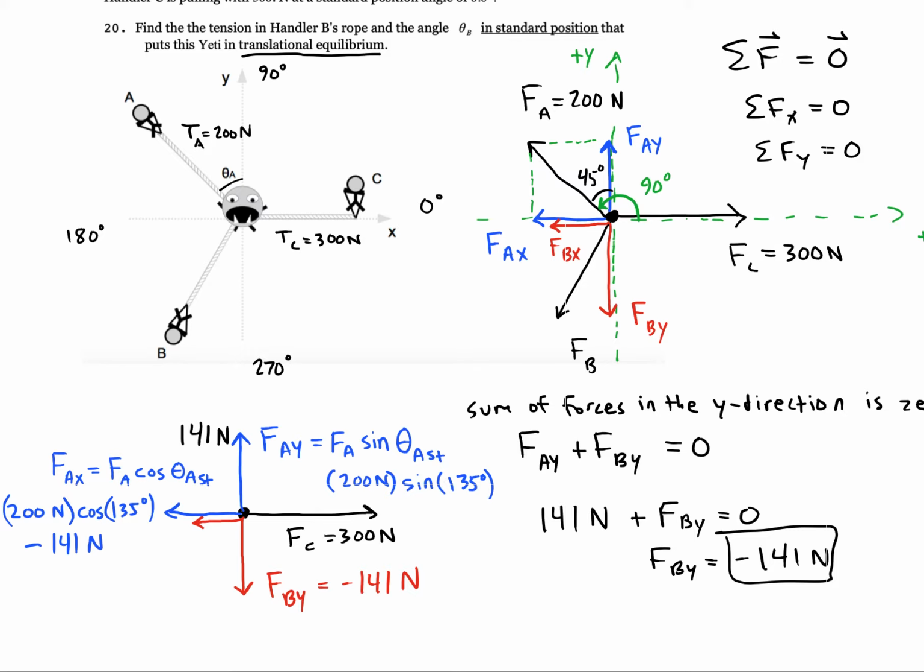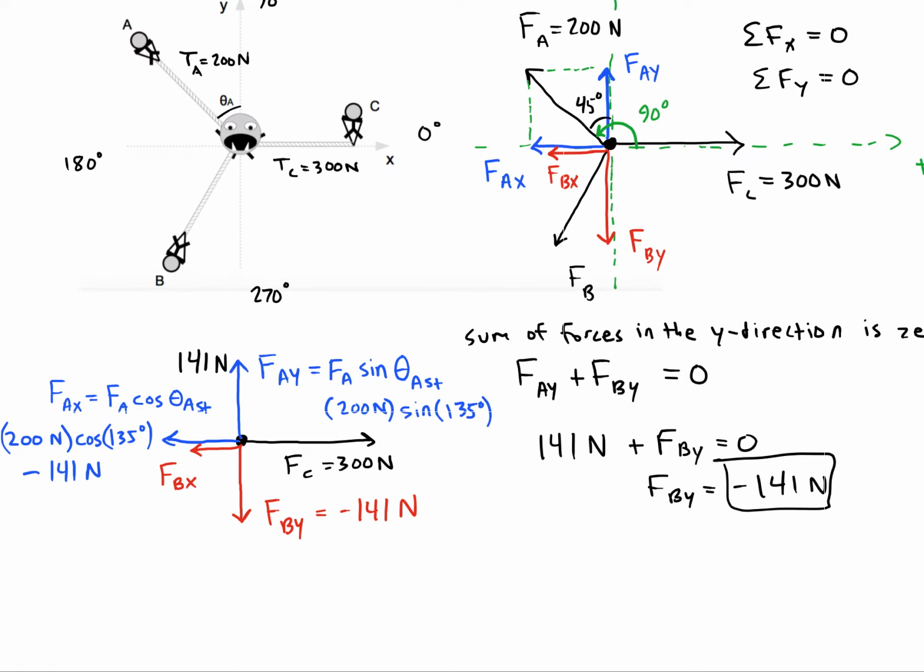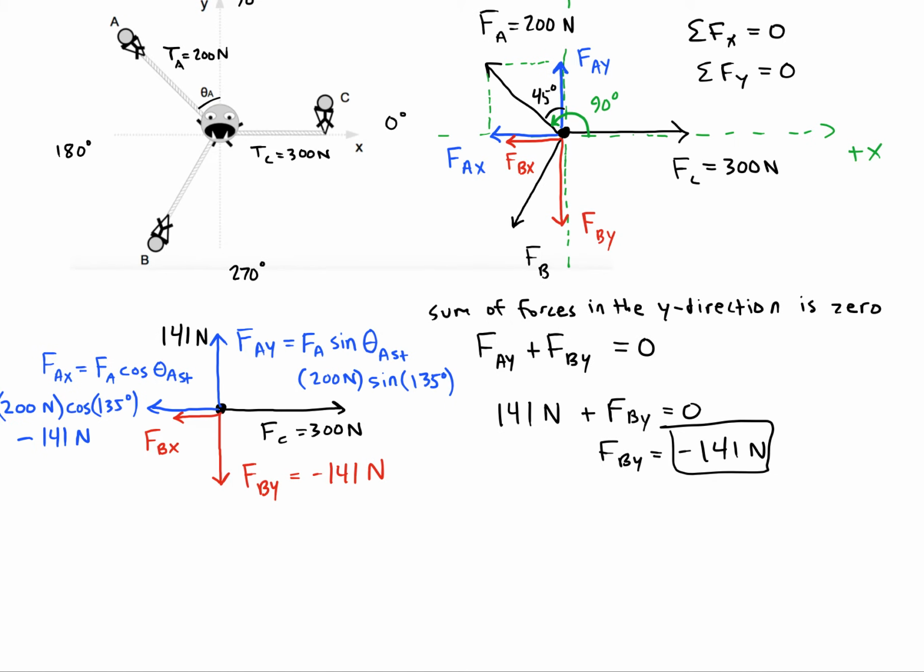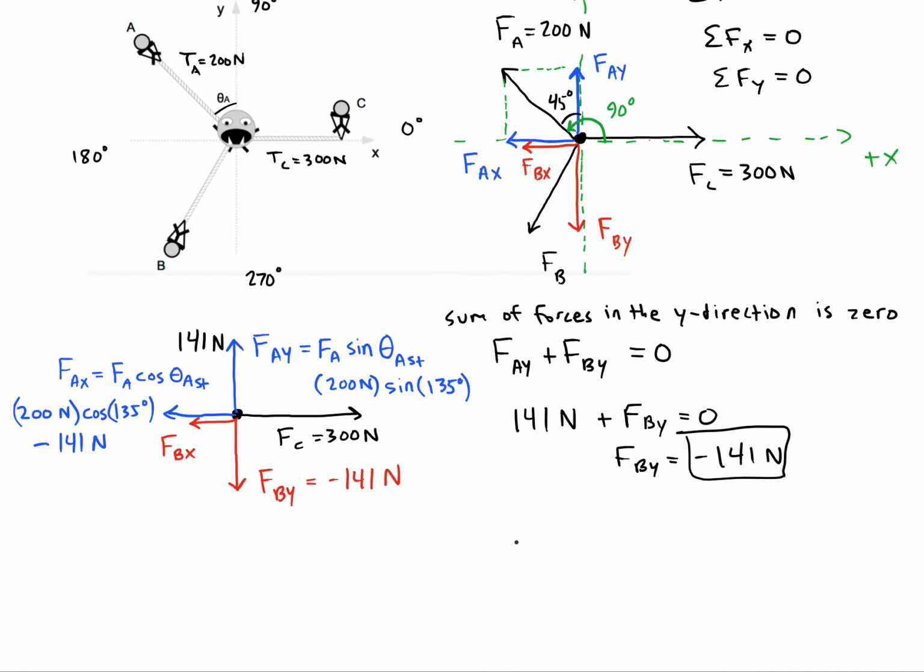Alright, so now we still need to find Fbx, but it's the only thing that's unknown now. So what you want to do is write one more equation saying that the sum of forces in the x direction is 0.